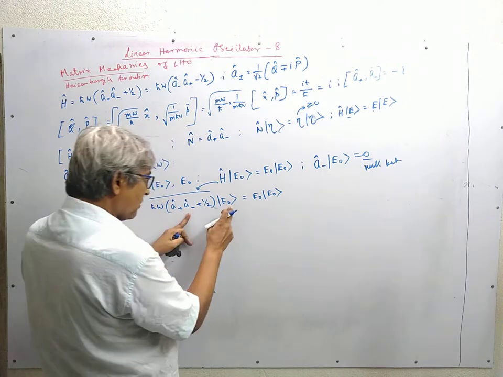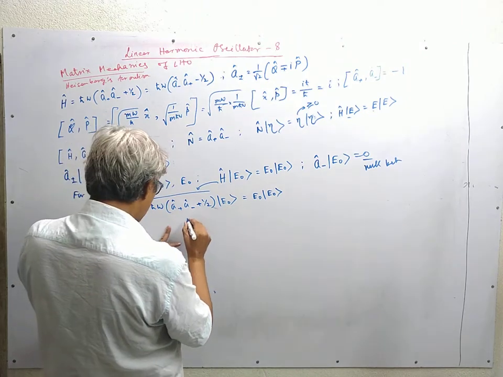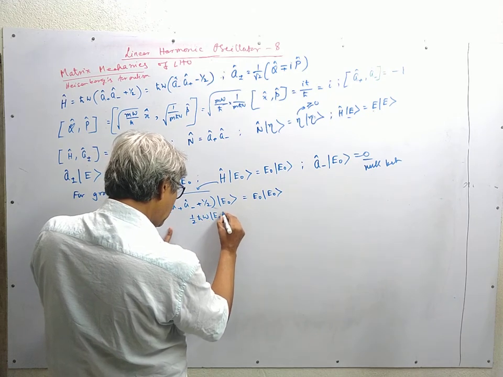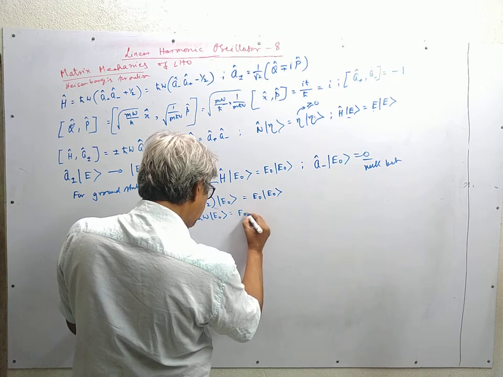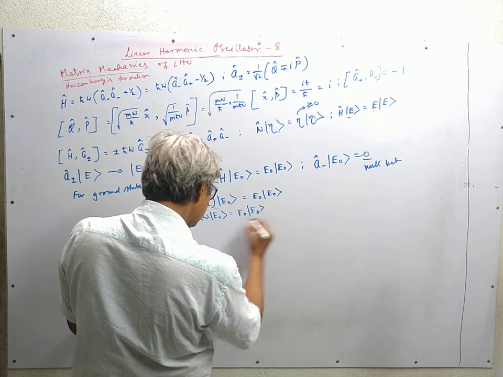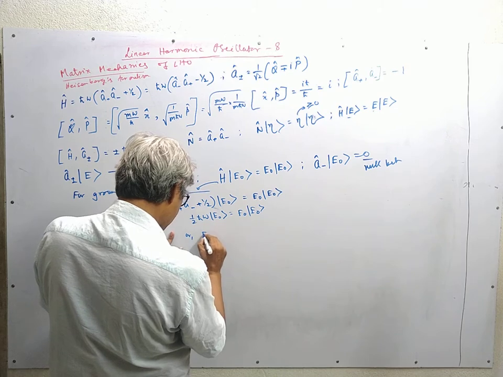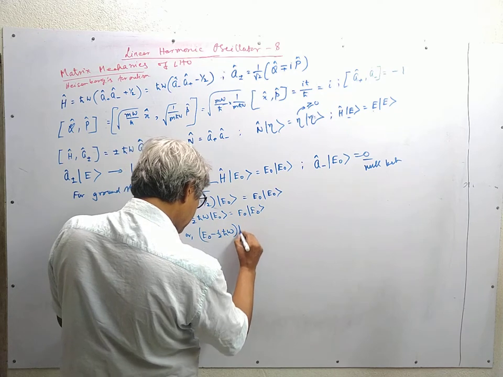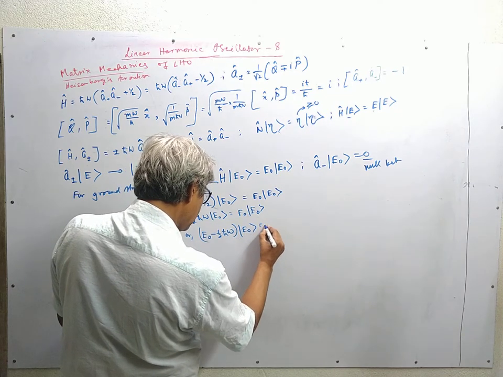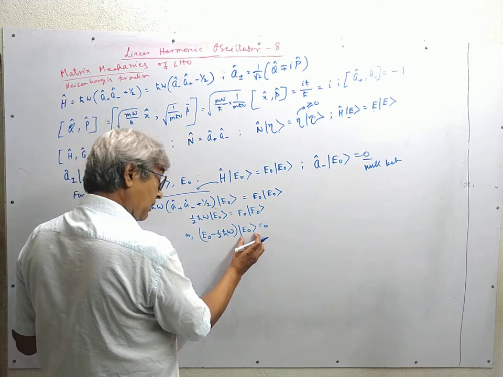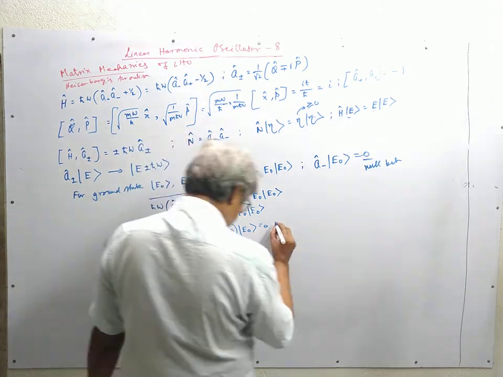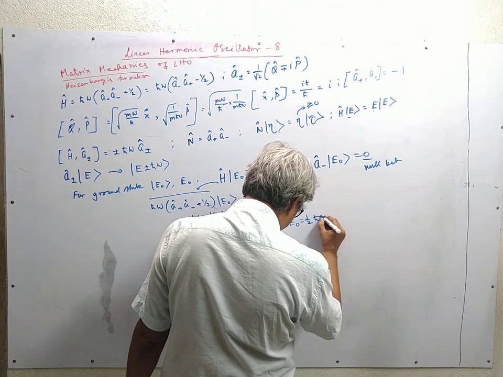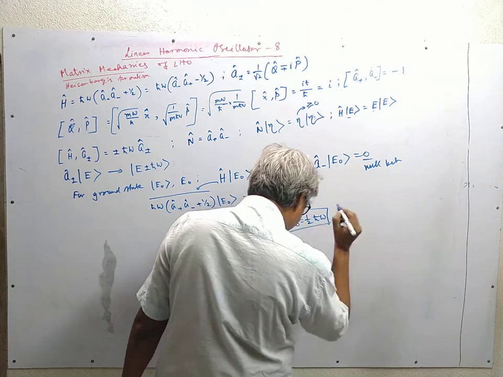Now A minus operating on E0 is 0, so we will have half h cross omega E0 ket equal to E0 times E0 ket. Since this is not a null ket, we will find that E0 is equal to half h cross omega, the ground state energy.